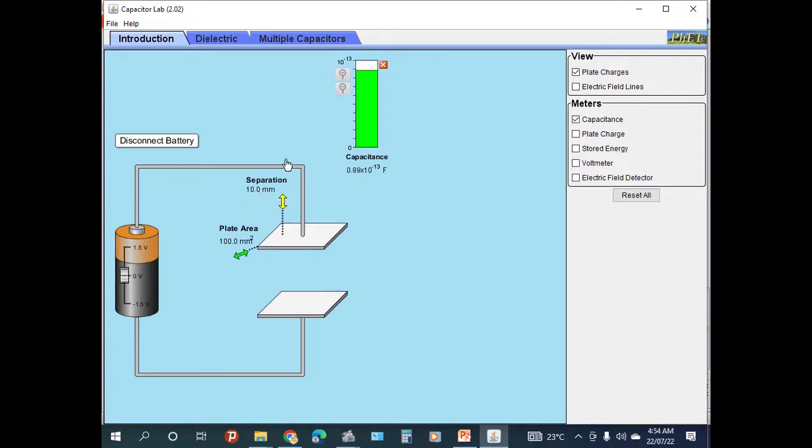Increasing the separation distance decreases the capacitance.